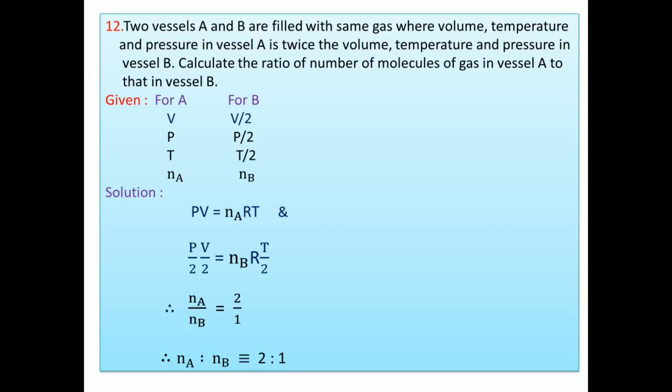Two vessels, say A and B, are filled with the same gas, where volume, temperature and pressure in vessel A are twice the volume, temperature and pressure in vessel B. Calculate the ratio of number of molecules of gas in vessel A to that in vessel B.